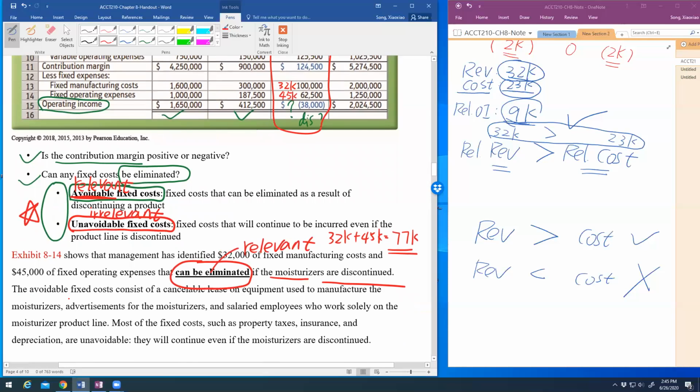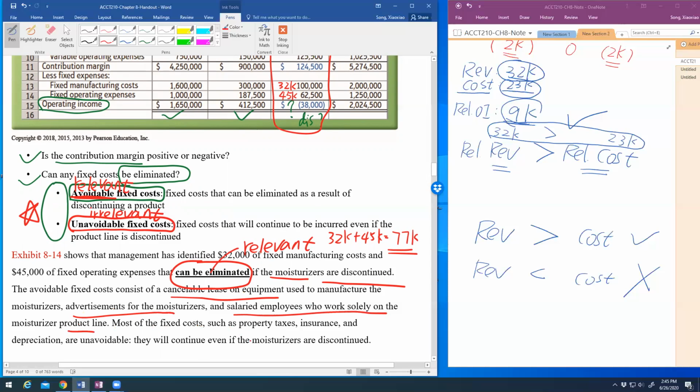The avoidable fixed cost most likely is a cancelable lease on equipment. So if you don't produce this skin product, you don't need to lease this equipment, so you don't need to pay the cost. And also advertisement only for this product, and the salary of the employee who works only for this product line.